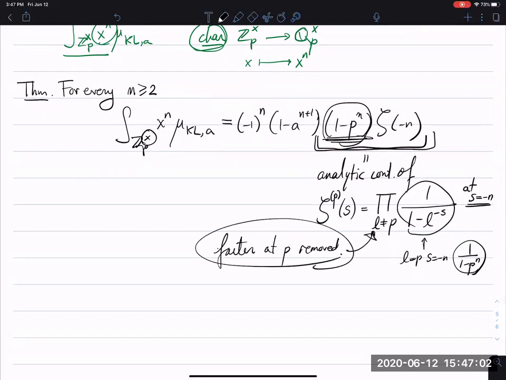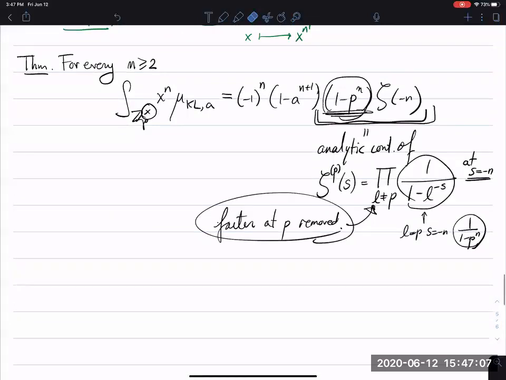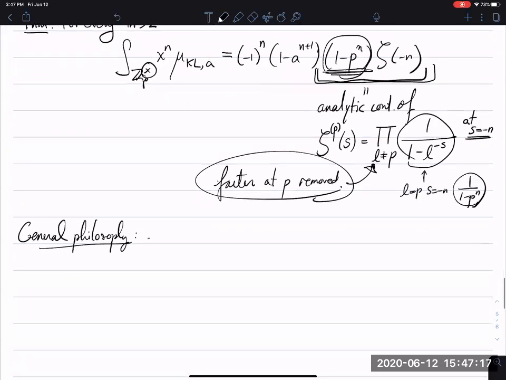This is the general philosophy going on. Suppose there's some so-called L function. For example, the Riemann zeta function, a Dirichlet L function, a Dedekind zeta function, or a more general L function attached to a modular form or automorphic forms, even more general.